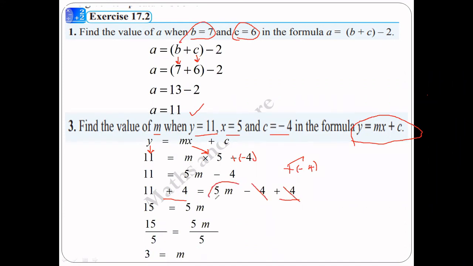Then 5m remains on the right hand side. 11 plus 4 is 15, so 15 remains on the left hand side. 5m is 5 into m, so divide both sides by 5. 5 divided by 5, m remains. 15 divided by 5 is 3. m equals 3. Okay.